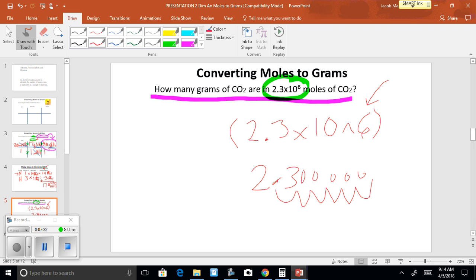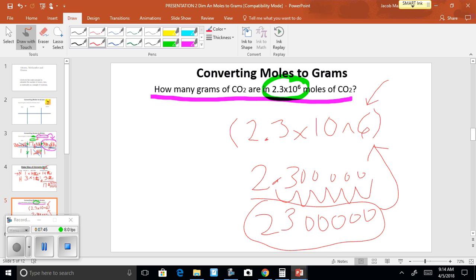Okay, and then underneath I can just rewrite my number, 2, 3, and there's 5 zeros. 1, 2, 3, 4, 5. So this number right here is the same as this number up here. So if you want, you could type it into the calculator like this also, if you want to do it that way. But ultimately, I would just recommend writing it out in scientific notation.